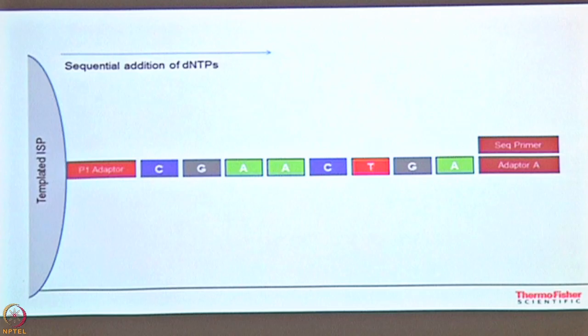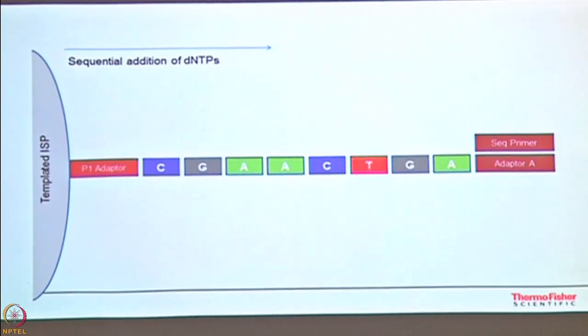So we will just see this by a cartoon. Considering that this is your one ion sphere, these are your adapters, yeah. This is the barcoded adapter, and this is your adapter which you used for ligating these sequences onto the ion sphere. Then your primer comes and binds here, and you add the DNTPs sequentially.